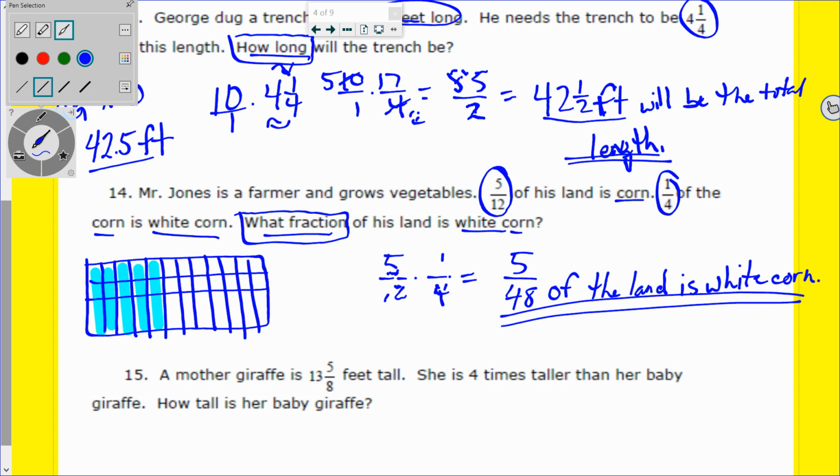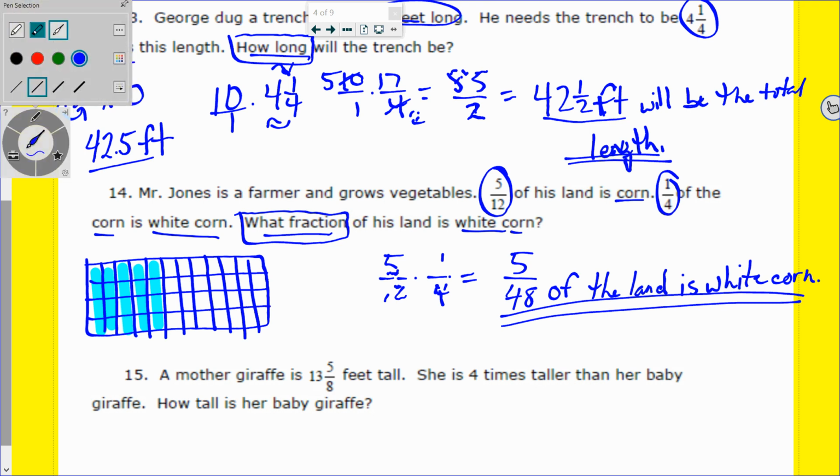So if I now divide it in fourths the other way, and we use our highlighter with our second color, we can see that one of those fourths is the white corn. What we've now ended up with is that we have 5 of them that have the double highlighting, but we're up to 48 total squares. So that's where that 5/48 comes from.